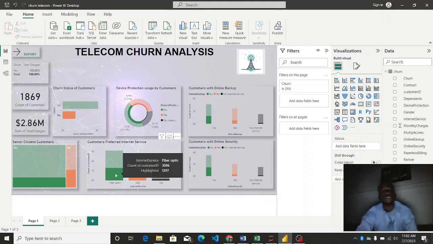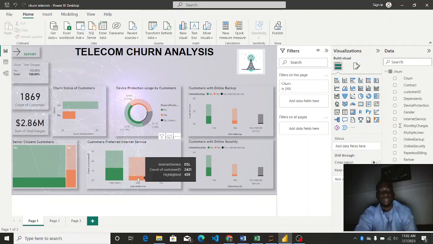Yeah, so most of the youths make use of fiber optic, and fiber optic is a very expensive means. It's not as though it's a very expensive means, but it's more expensive compared to DSL. DSL is very accessible to people.